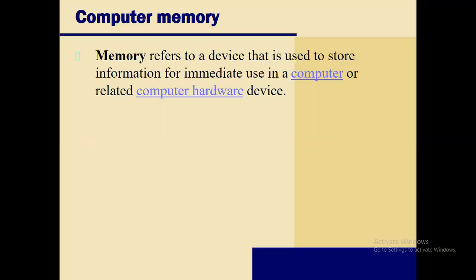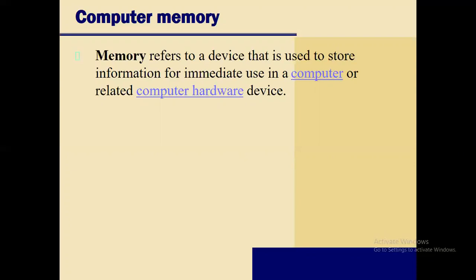Computer memory operates at a higher speed, for example RAM and ROM. RAM is a distinction from storage, which is slow to access information but offers higher capacities.